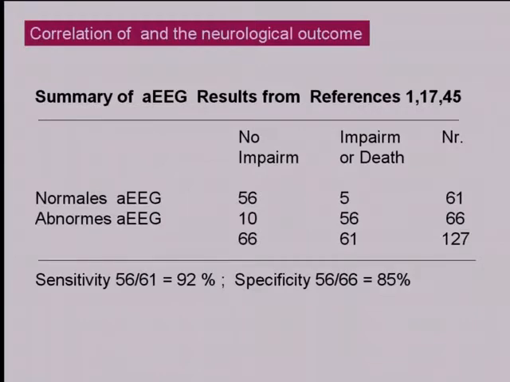Even if you have a normal EEG, there are some babies which will have impairment or even die. So that means it does not completely rule out that the baby is absolutely fine. On the other hand, you know that you have an abnormal EEG. Some of these babies will have no impairment. Not every baby which has an abnormal EEG per se has 100% impairment, but of course it is a very high predictive power in both specificity and sensitivity.